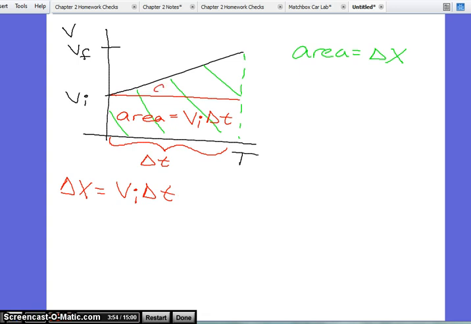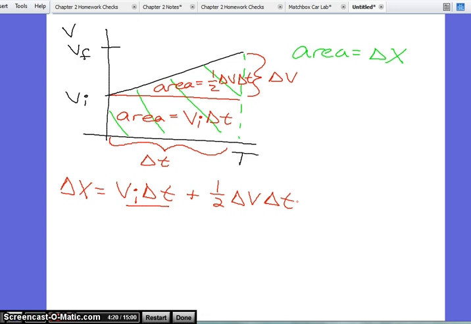And we also have the area of the triangle on top, which is 1/2 the base times the height. Now the height in this case is delta v. So it is 1/2 delta v times delta t. So we have the area of the rectangle plus the area of the triangle.